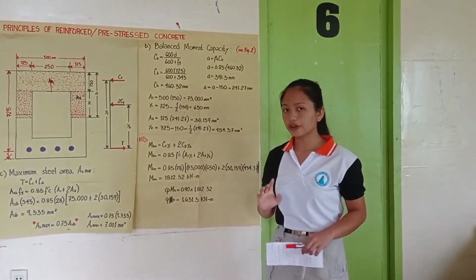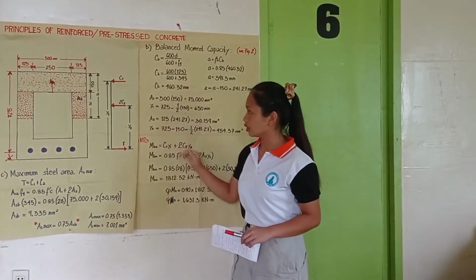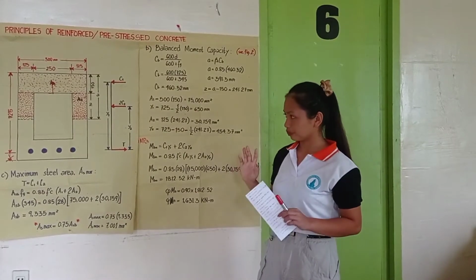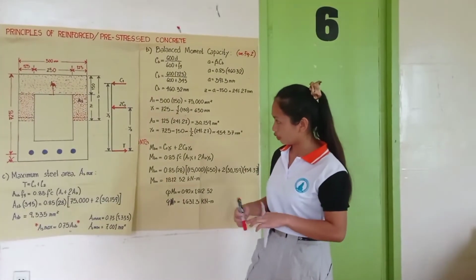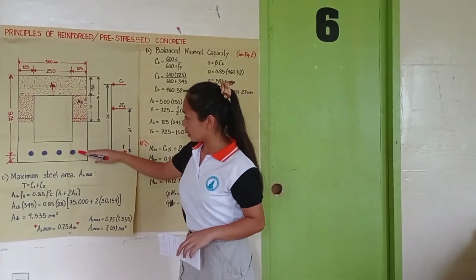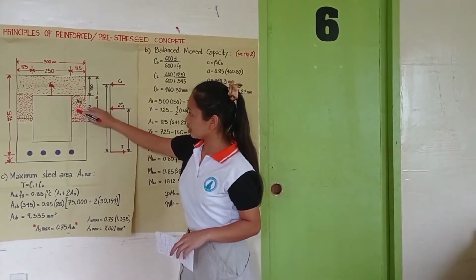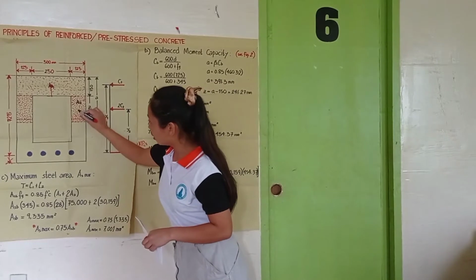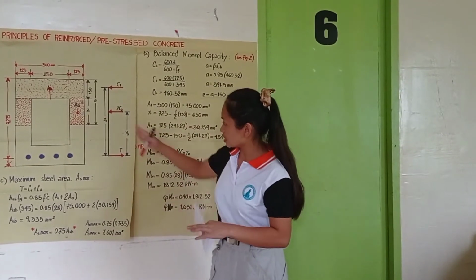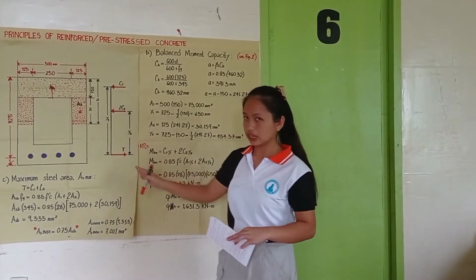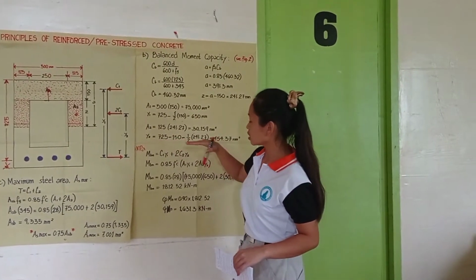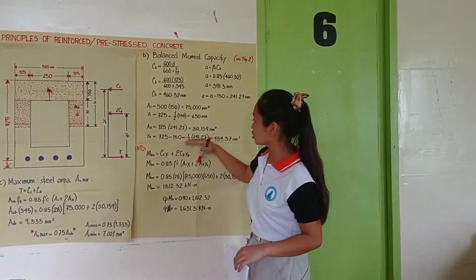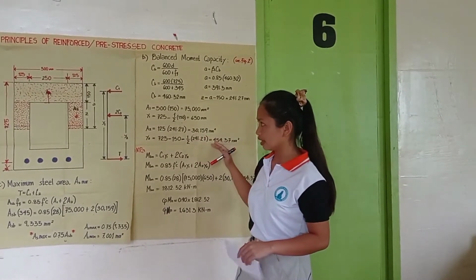After that, we will solve for our y2. For our y2, we will solve it from here to the center of this area, or just simply look at this figure. So y2 is 725 minus 150 minus 1/2 times Z.